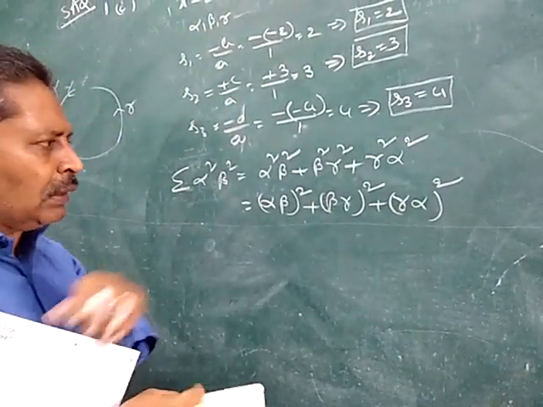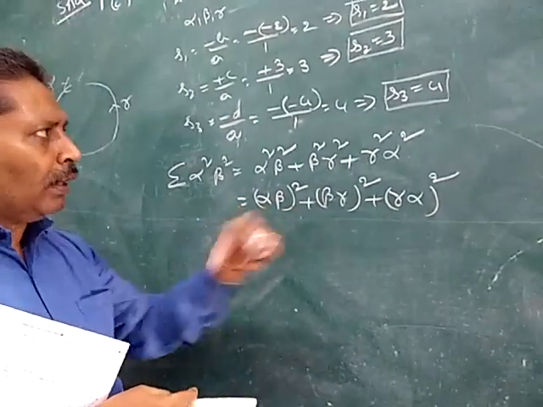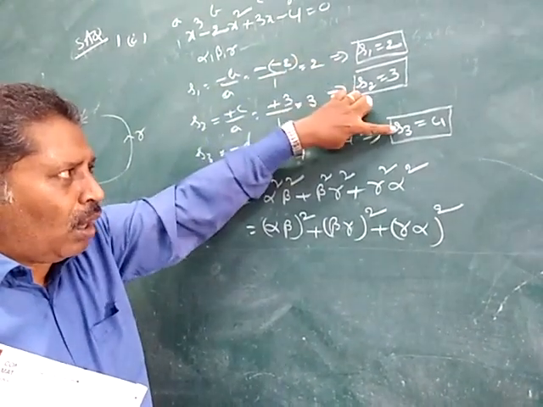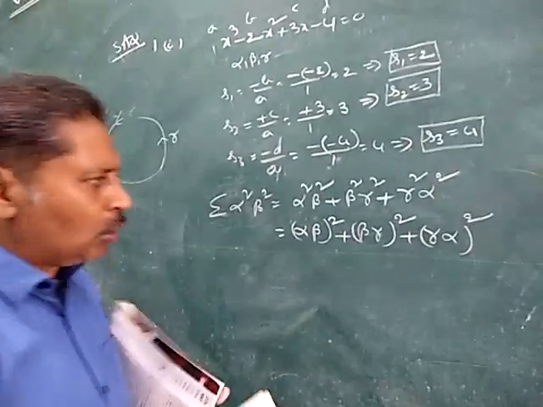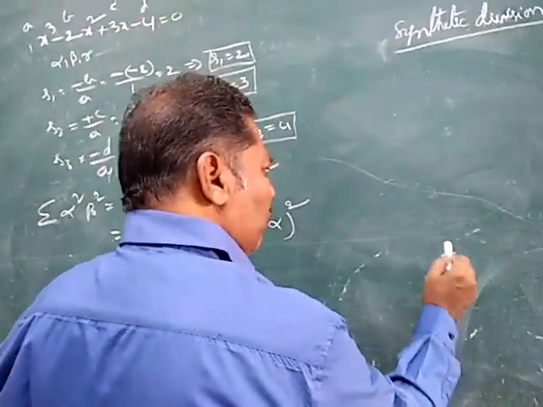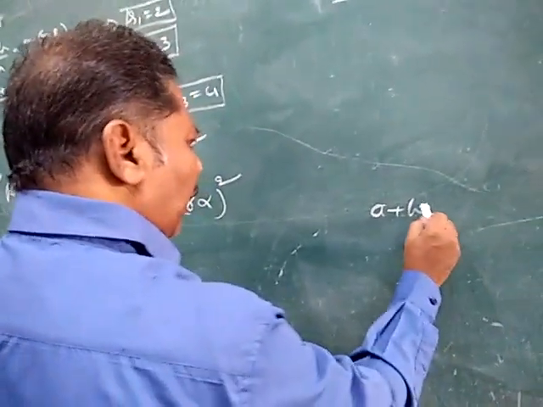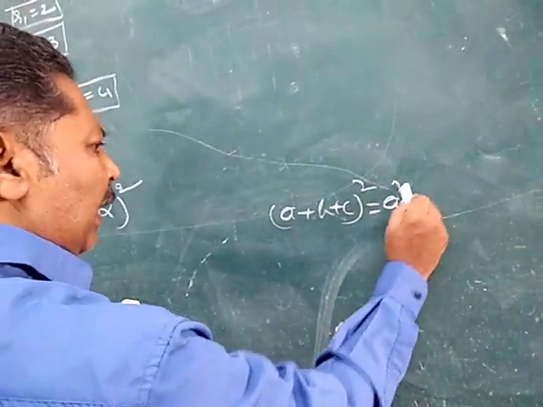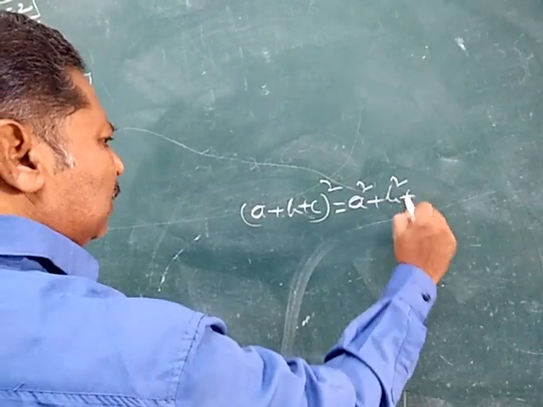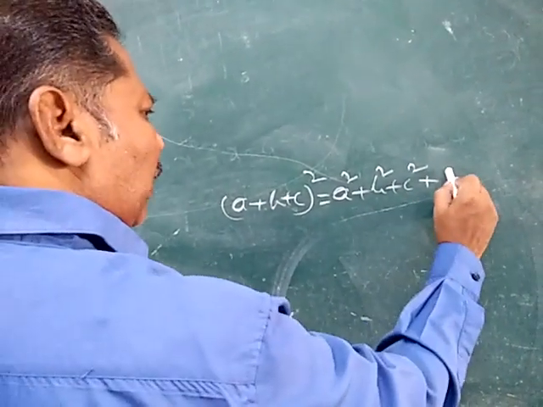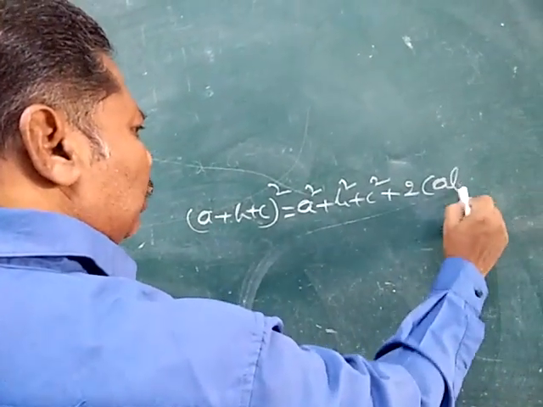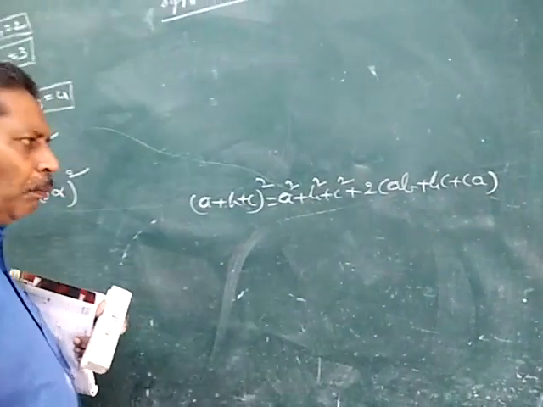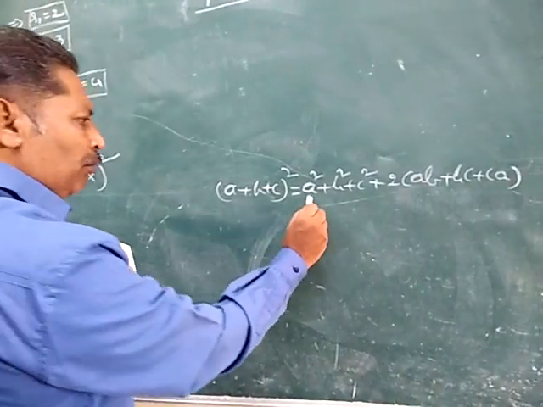We derive this equation in terms of S1, S2 and S3 terms. So we apply the formula. We know that A plus B plus C whole square equal to A square plus B square plus C square plus 2 into AB plus BC plus CA.